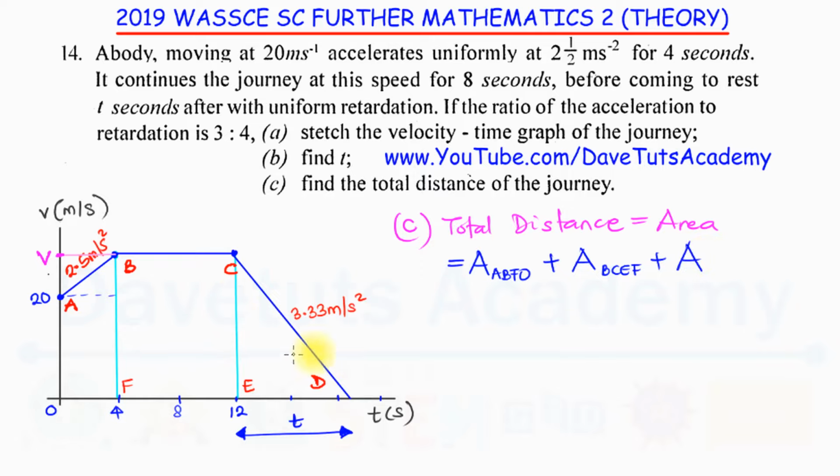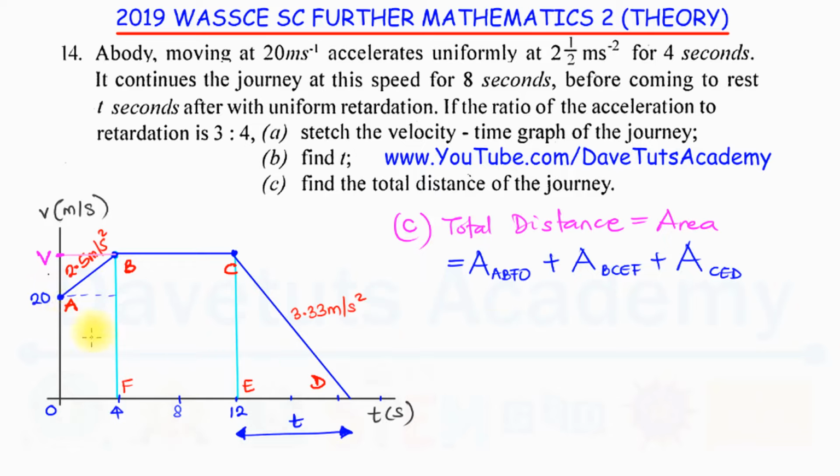This area of this triangle CED. Now this is a trapezium, this is a rectangle, and this is a triangle. So it is the sum of these areas that we want to find to actually get the area under the graph that is going to give us the total distance covered by that particular object.